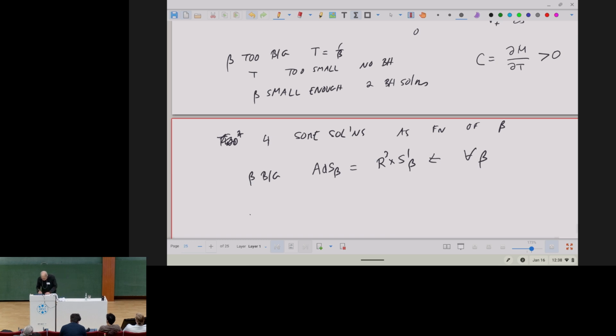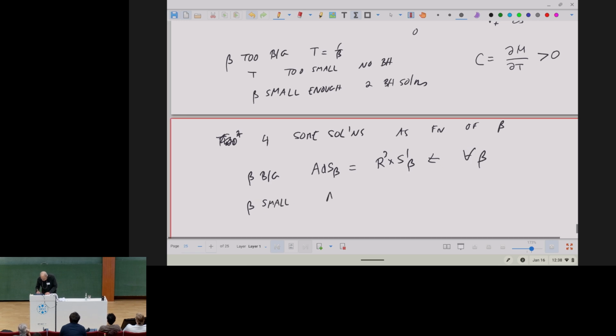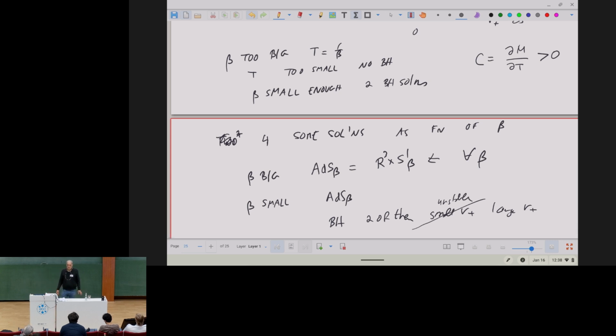If beta is small, we have AdS beta, but we also have the black hole solution, in fact, two of them, small r plus or large r plus, but one of them is unstable. If beta is small, there are two locally stable solutions. Locally stable means they're stable against small fluctuations.